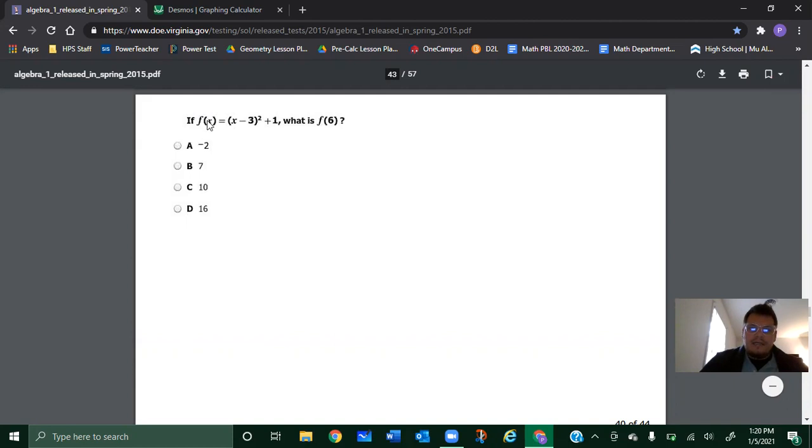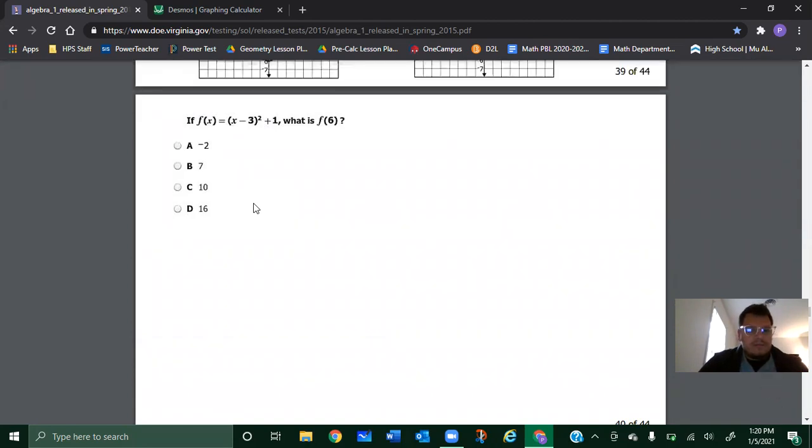So instead of putting an x there, you're going to put a 6. All you need to know is we're going to type this right here, the x minus 3 squared plus 1, but instead of x, we're going to put a 6. And Desmos is going to pop out the answer. So that way you could check it. So we've got x minus 3 squared plus 1.